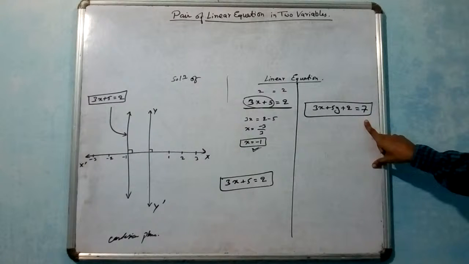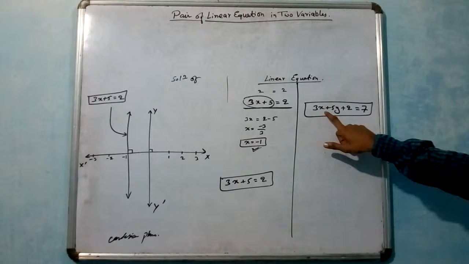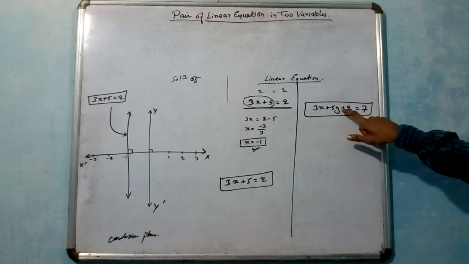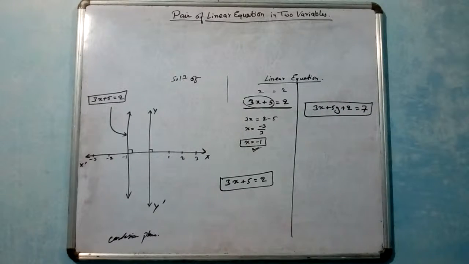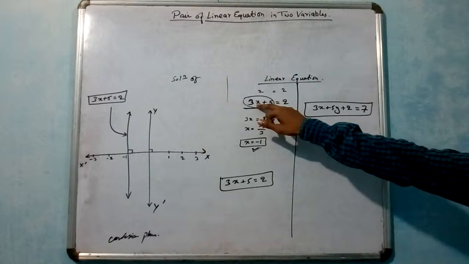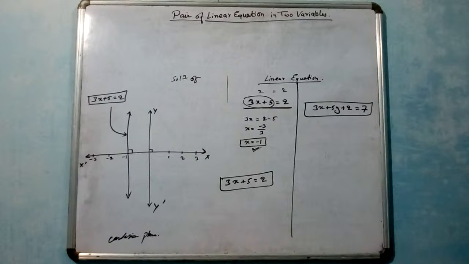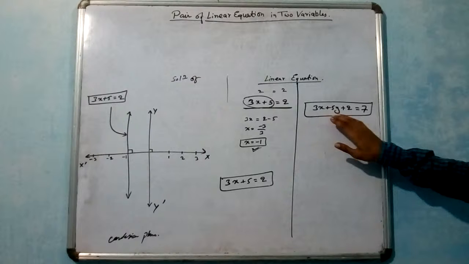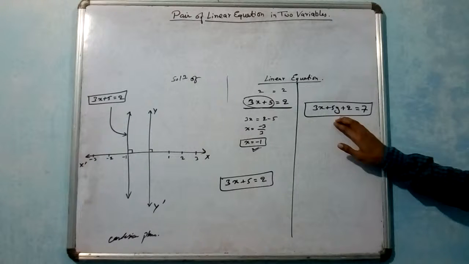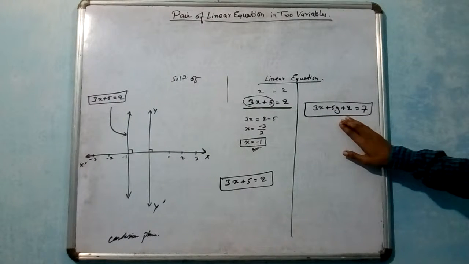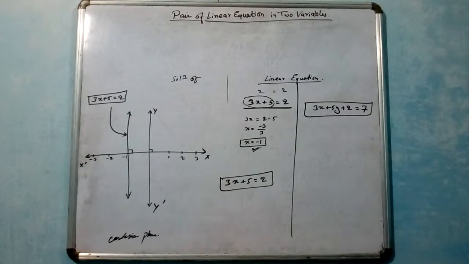And since this equation is in two variables, x and y both, it is called a linear equation in two variables. Here it had only one variable, here two variables. Now tell me, what do you understand by the solution of this linear equation in two variables, this single equation?